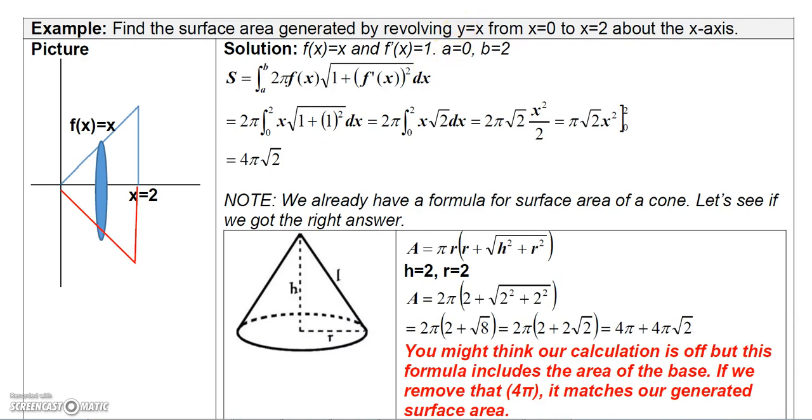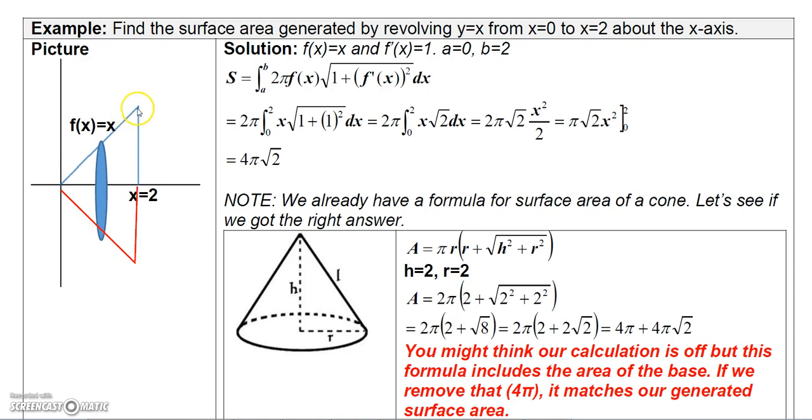So I want to find the surface area generated by revolving the line y equals x from 0 to 2 about the x-axis. Okay, so let's take a look at my picture. Here's my y equals x line, and it stops here where x equals 2. So here x is 0, here x is 2.